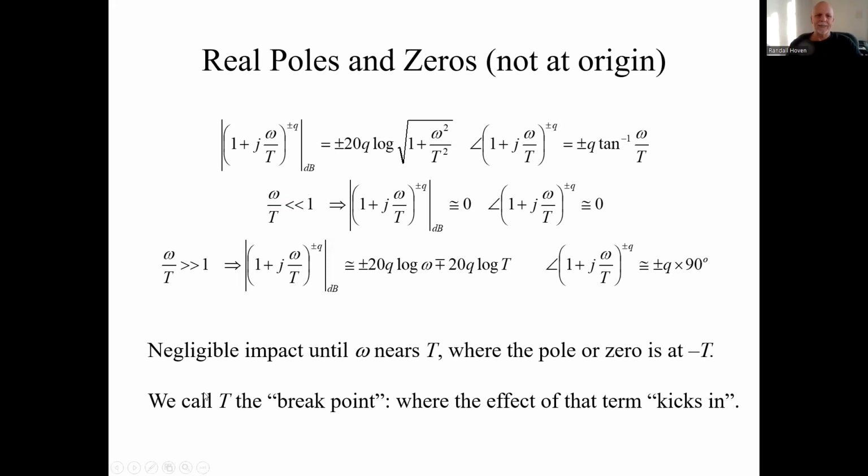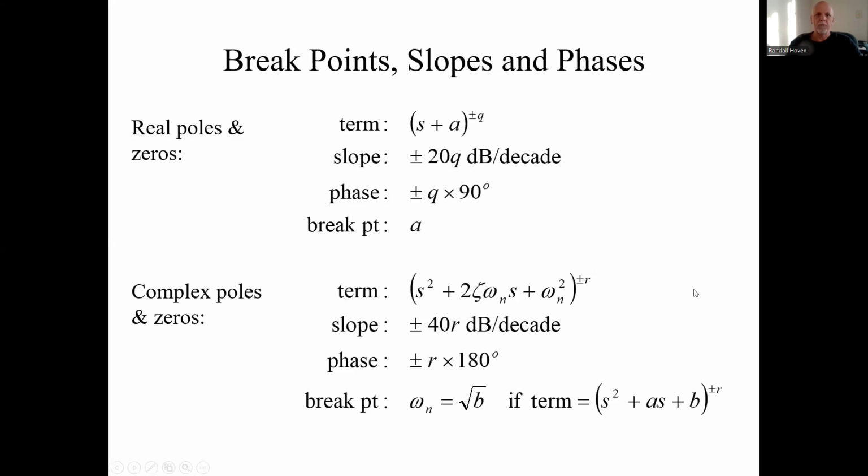The idea is when we approximate it as straight lines, that term will contribute nothing for omegas less than T. And then once it hits T, the gain will be adding some multiple of 20 dB per decade, and the angle will be adding or subtracting some multiple of 90 degrees. Kind of summarizing all that, we're running a little long here.